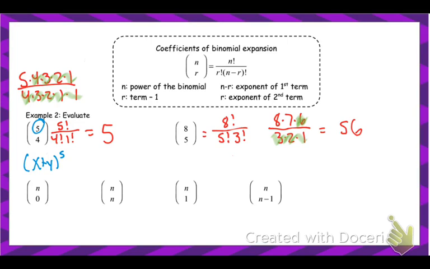Specifically, the term that this is the coefficient for is the 5th term, because remember, that bottom number is the term minus 1, or r plus 1 is the term, if that's easier for you to see. So this stands for the 5th term in a 5th degree binomial expansion.